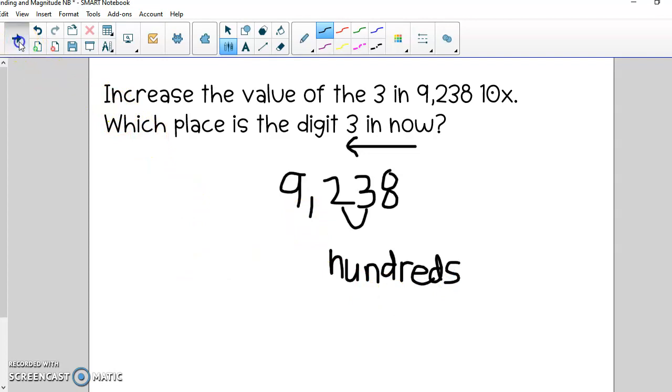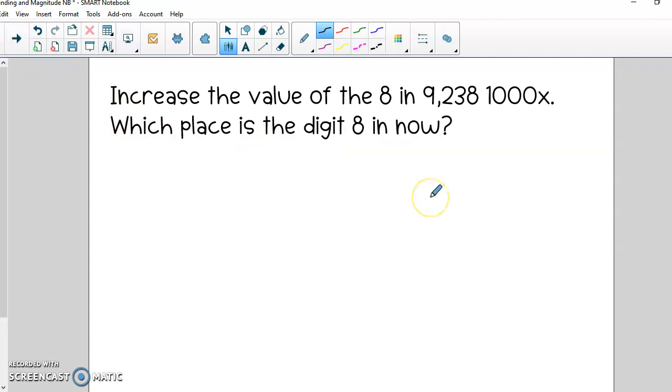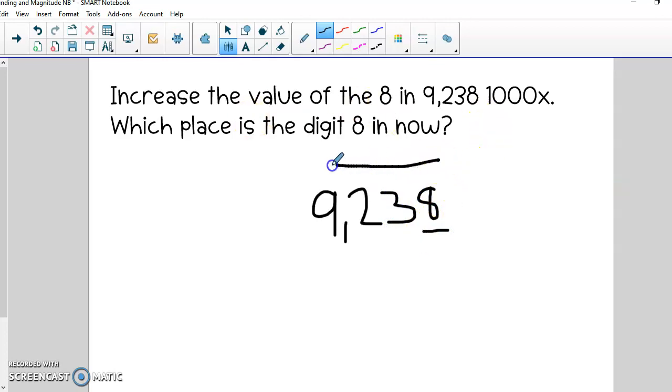Now let's look at the last example, number 3. Number 3 says increase the value of the 8 in 9,238 1,000 times. Which place is the digit 8 in now? So if we look at 9,238 and we rewrite it, we're looking at the digit 8 and we're increasing, moving to the left, getting bigger, 1,000 times.